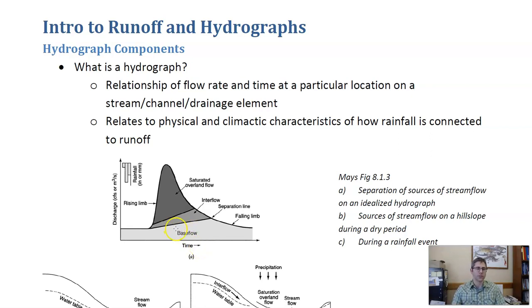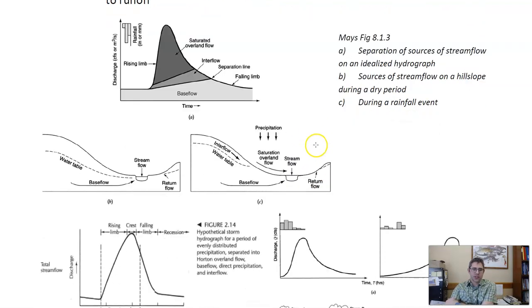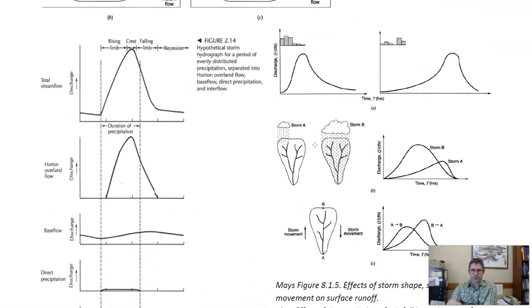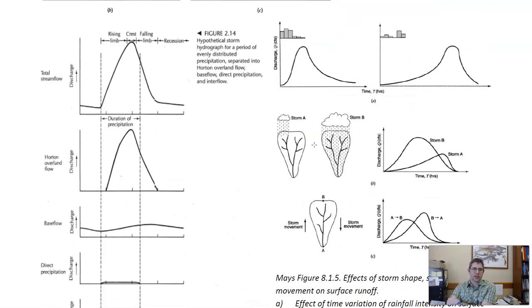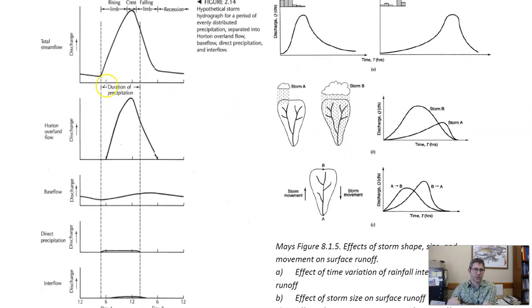So this is storm flow response, several parts: the base flow part, interflow, and then the saturated overland flow or surface runoff. This is showing the dry period, just the base flow, and then during the storm, the other portions as well. When we think about these hydrographs down here, you can see there's several other figures here. This one on the left is essentially showing the same thing we're just looking at.